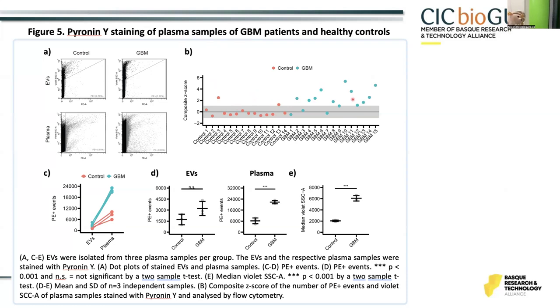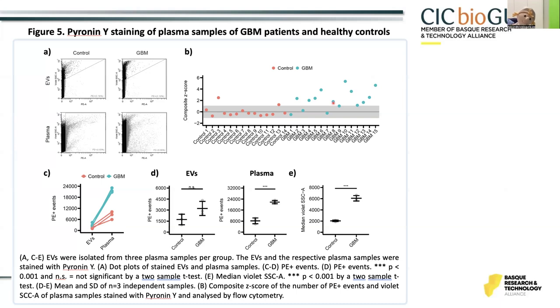However, in the case of the glioblastoma, we were able to see a lot in patients. So that means that the protocol is easy, because we have the plasma, and directly we do the staining with the pyronine, and we go directly to the flow cytometer. We are able to detect pyronine positive signal that is more abundant in the plasma of patients.